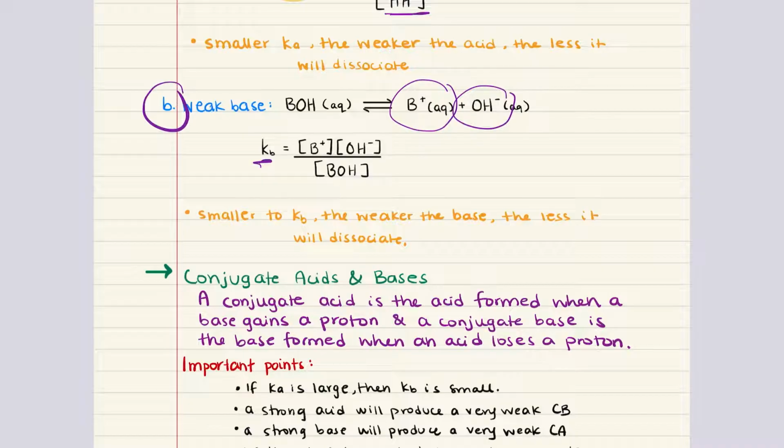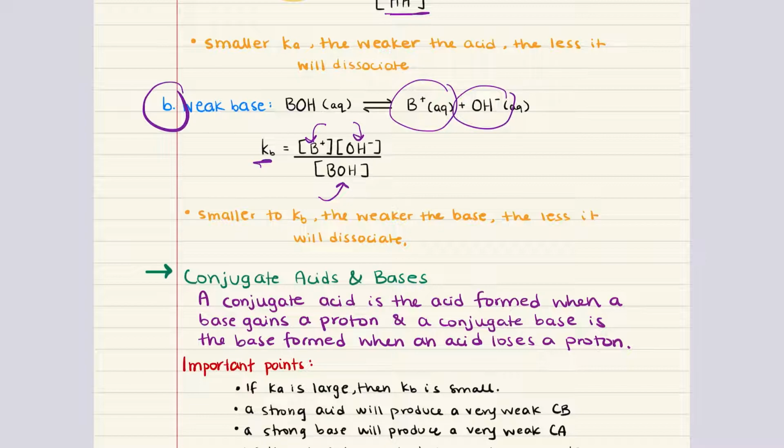So for a weak base, the base dissociation constant is equal to the concentration of the conjugate acid multiplied by the concentration of the hydroxide ions all over our weak base. Now, the smaller the Kb value, the weaker the base, and the less it will dissociate.